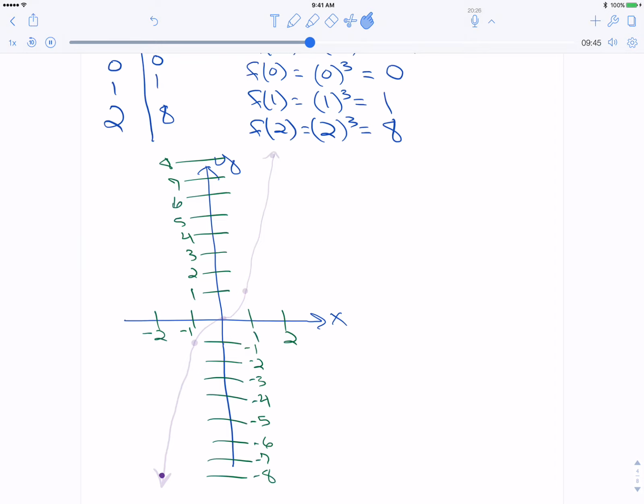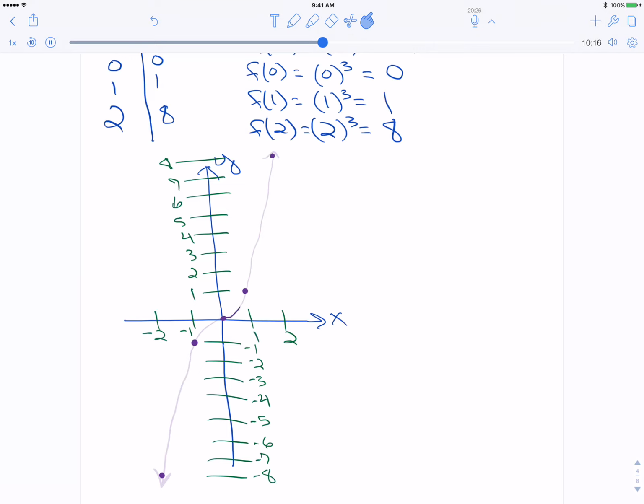Purple, and let's make bigger dots this time. So at -2, I need to go all the way to -8. So all the way down there. At -1, I need to be at -1. That's not so bad. At 0, I need to be 0. At 1, I need to be 1. And at 2, I need to be all the way up at that 8. And then I can connect those.